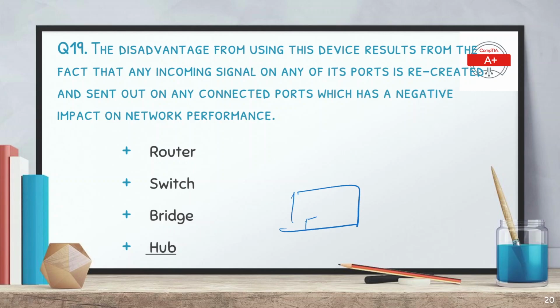It has multiple ports, and its disadvantage is that any packet that is received on any port is transmitted through all other ports. This creates a lot of collisions and a lot of traffic in the networks, and it has a negative performance impact on overall networks.